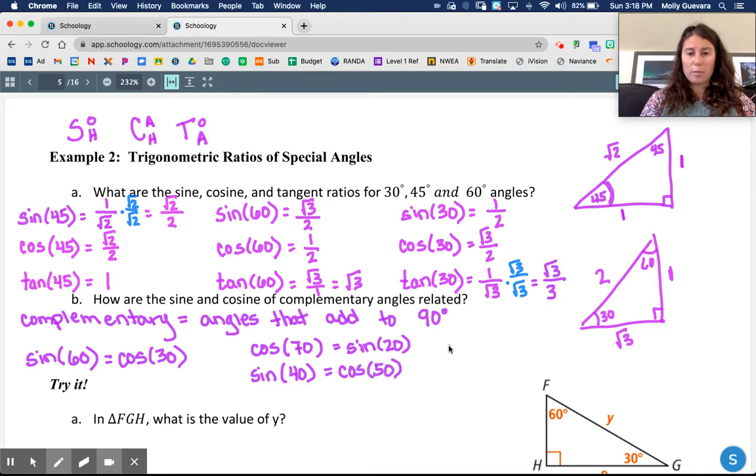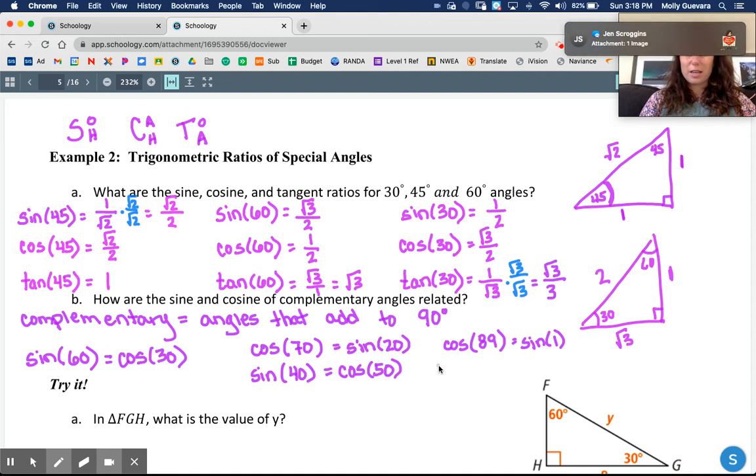So I'm just making them all up. Sine, let's do cosine first, even though it doesn't matter. Cosine of 89 is going to be equal to sine of 1. So how are sine and cosine of complementary angles related? They are the same. Okay.